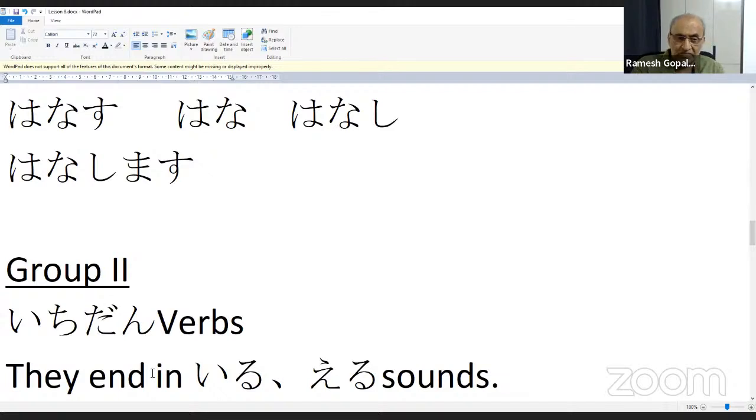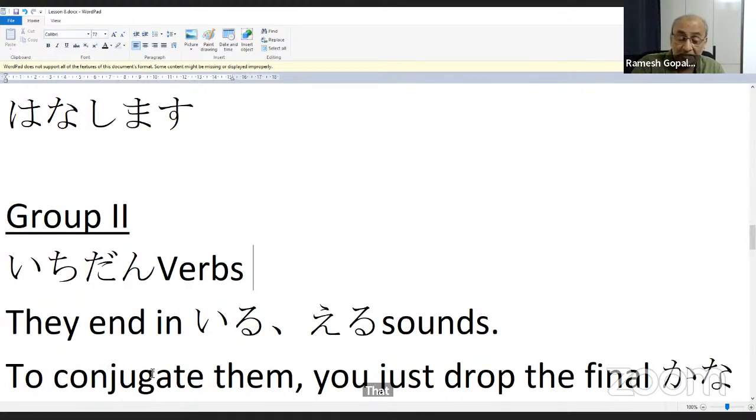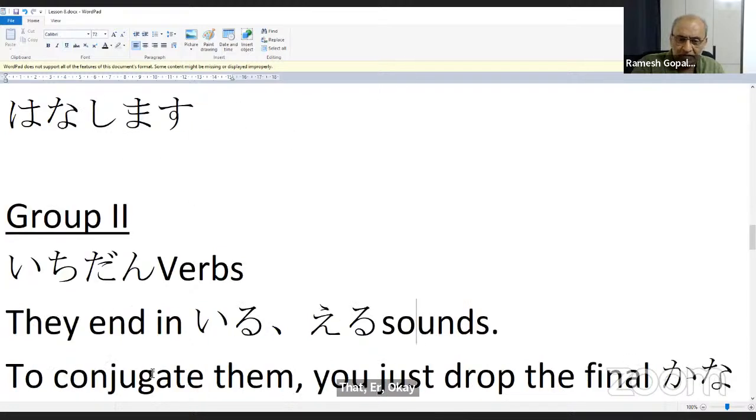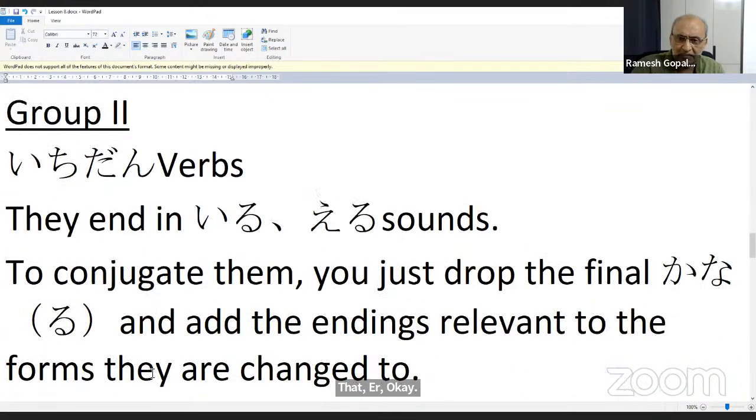Group 2 Ichidan verbs, they end in iru, eru sounds. That's why I say sounds, okay? I don't say iru, eru. I say iru, eru sounds. Earlier it was oo sounds. To conjugate them, you drop the final ru and add the relevant endings.